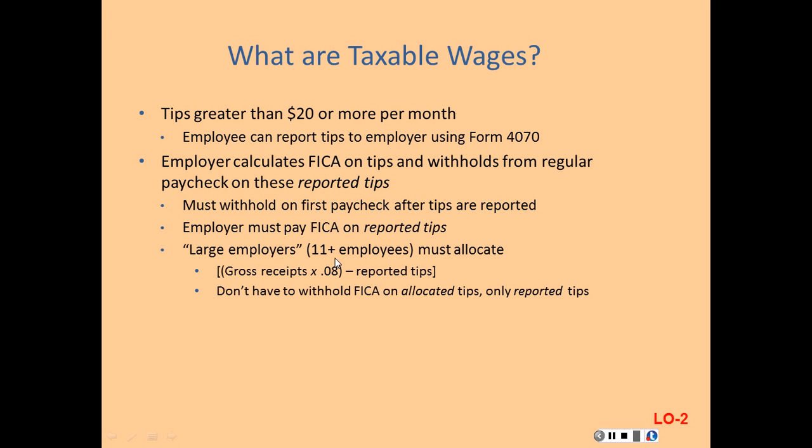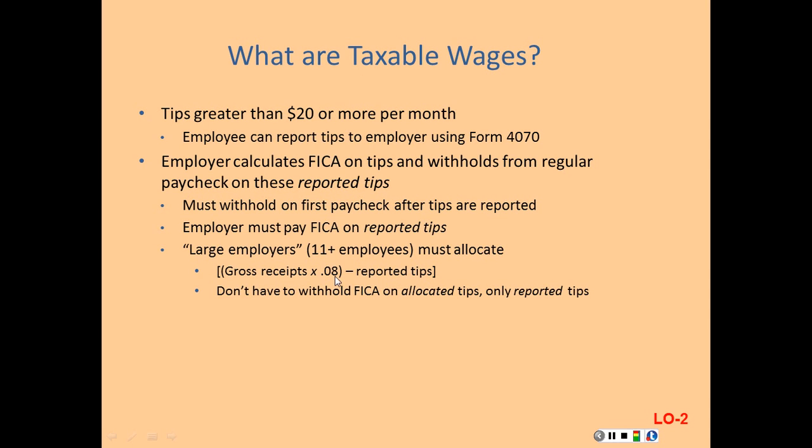But then there's this other issue that's a little bit more interesting. Large employers, and they define that as 11 plus employees, must allocate. So if they're typically in an industry that receives tips, the large employers have to take their gross receipts, their total sales, times 8%, and then subtract from that the tips that the employees reported.